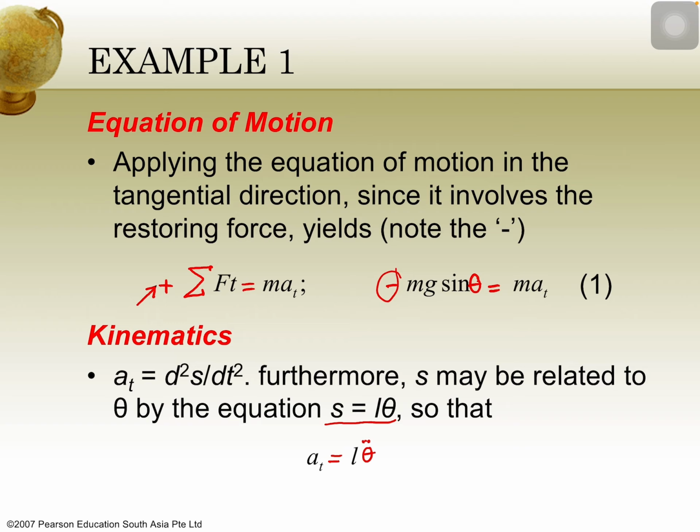Since displacement is equal to L theta, this is L actually, L is equal to the length of the chord. So acceleration is equal to this formula, L theta double dot.